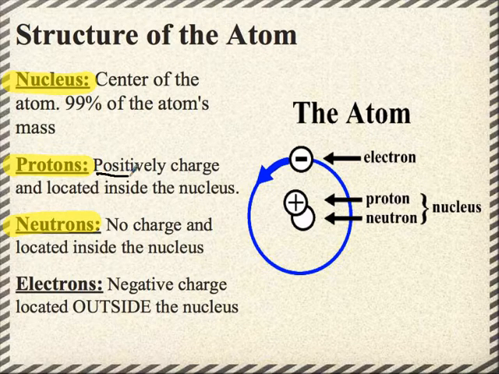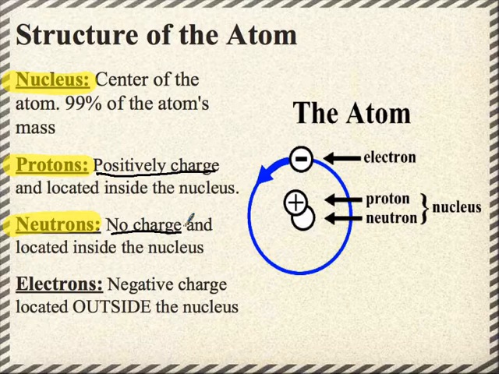Protons are positively charged items, and the neutrons have no charge, or a neutral charge. So the protons are positively charged and located inside the nucleus. Neutrons are neutrally charged and located inside the nucleus.